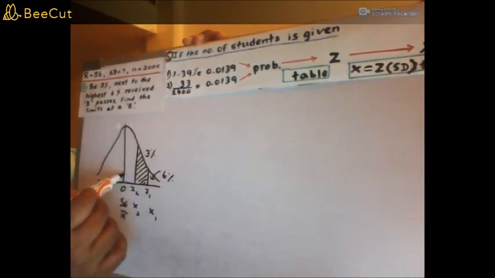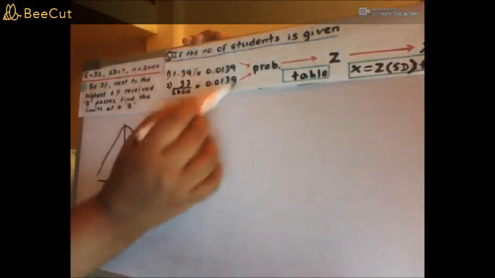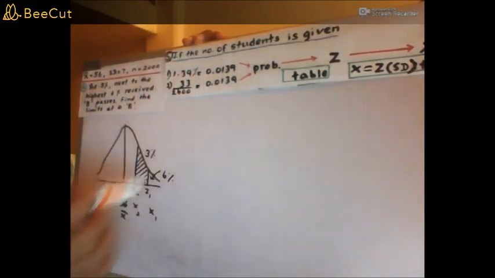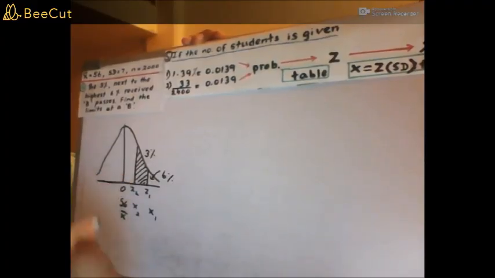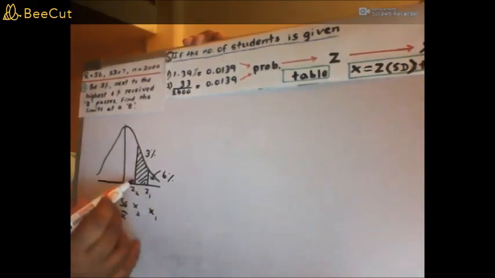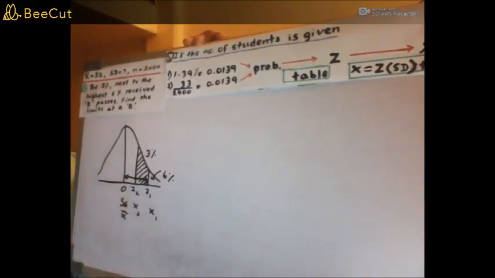Now what do you have to do? We have to find the Z1 first, right? Z1, because here from the probabilities we have to find Z1 and then we have to find Z2. Then we can find the probabilities and get the probability of this shaded area. So first we'll find Z1, this one, right?